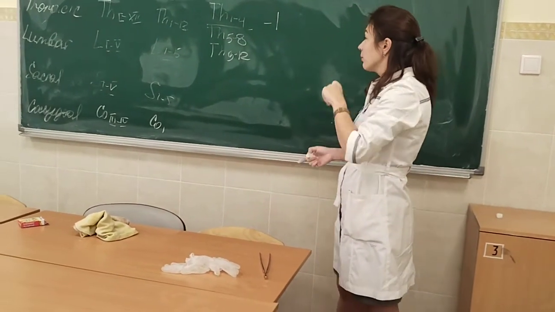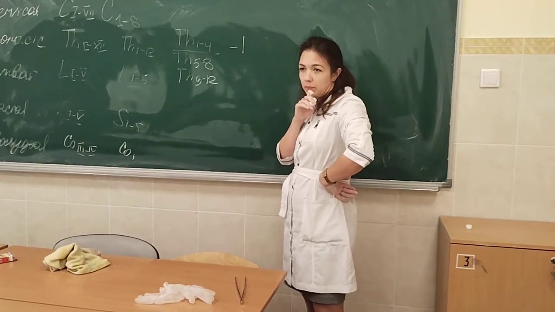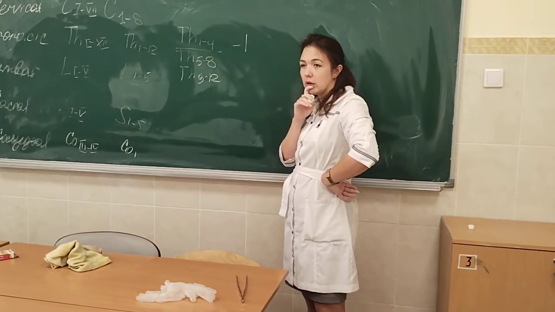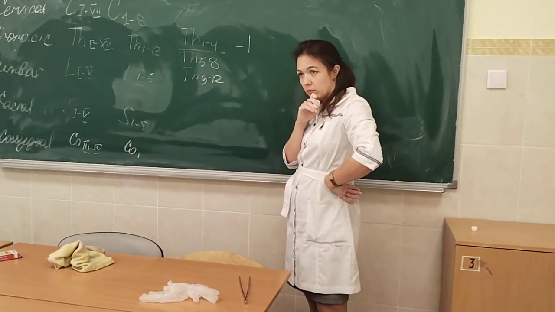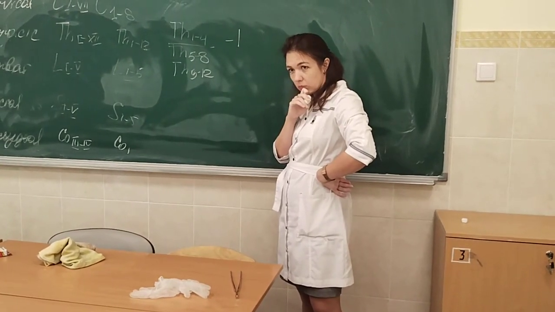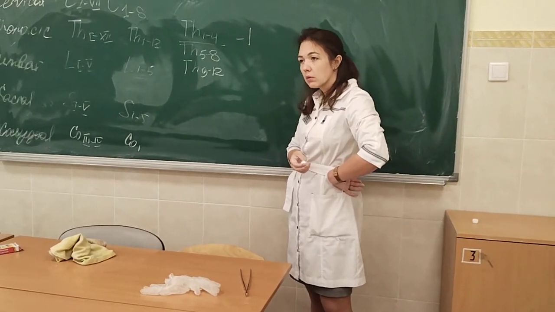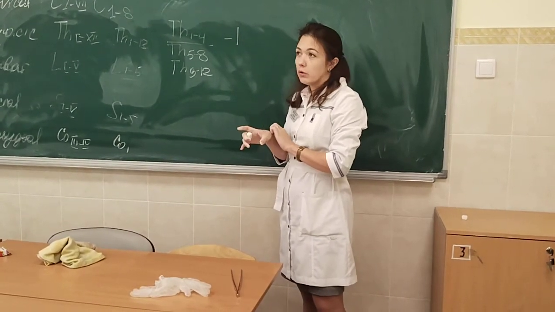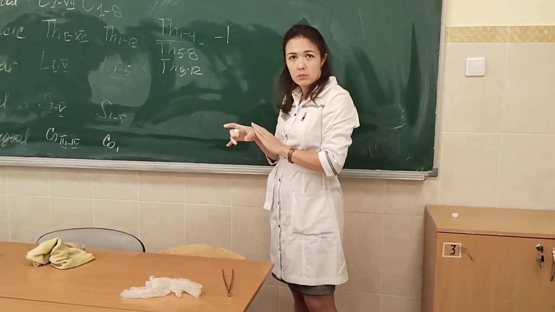So tell us please, at which level is the 3rd thoracic segment of the spinal cord located? T2, of course. And the 1st?